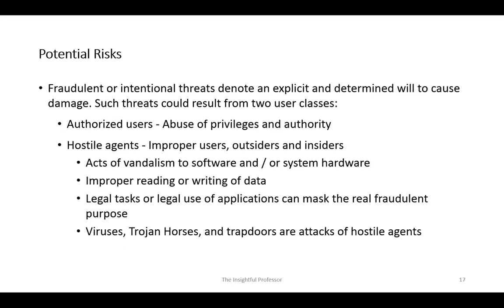Fraudulent or intentional threats denote an explicit and determined will to cause damage. These threats could result from 2 user classes: authorized users who abuse their privileges and authority, effectively insiders, and hostile agents, improper users, typically outsiders, but could also consist of insiders.